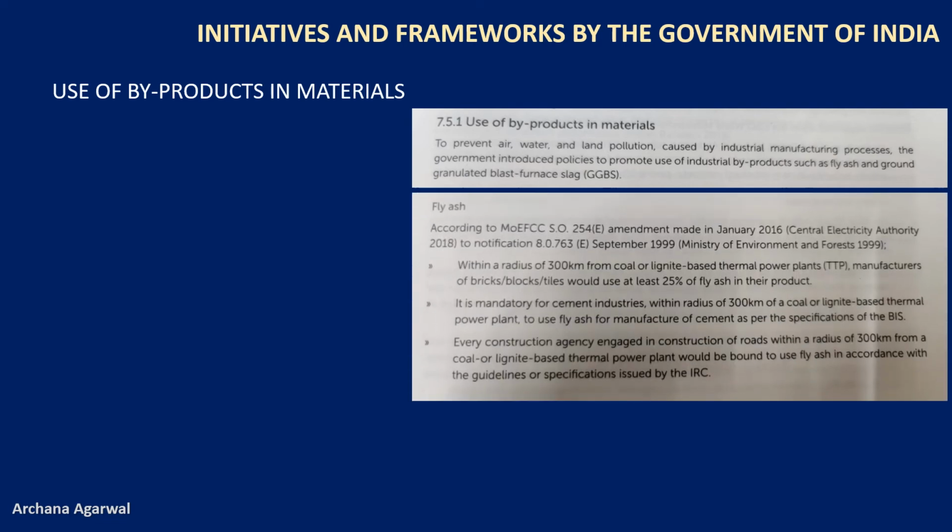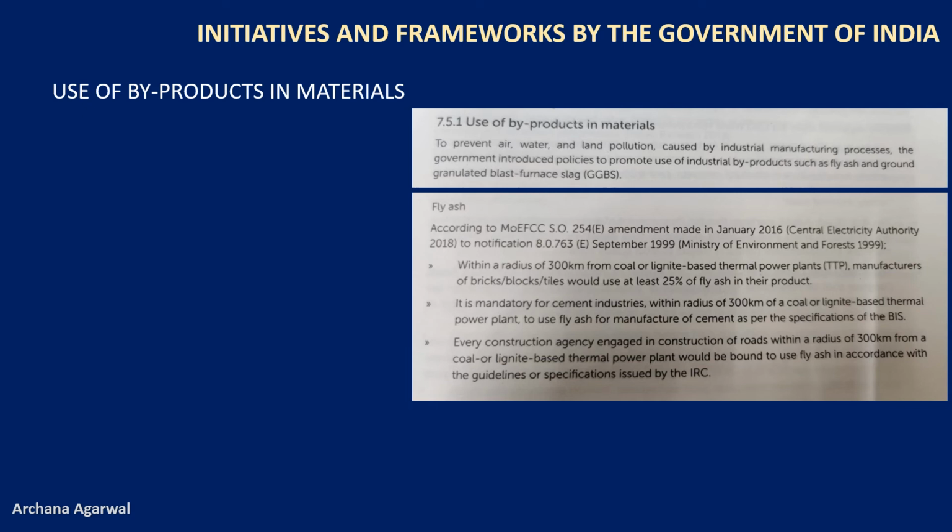The policies related to fly ash are: within a radius of 300 km from coal or lignite-based thermal power plants, the manufacturers of bricks, blocks or tiles would use at least 25% of fly ash in their product.